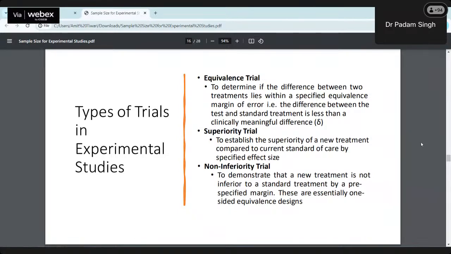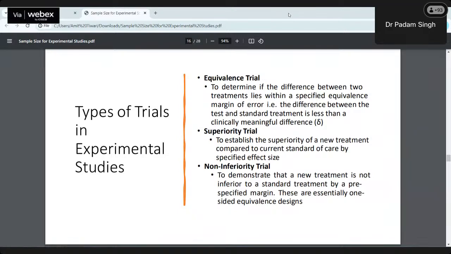So if P1 and P2 are within that range, defined delta, if the difference between two treatments lies within a specified equivalence margin, वो equivalence margin we have to define. That is what we are calling delta. So that will become an equivalence trial.